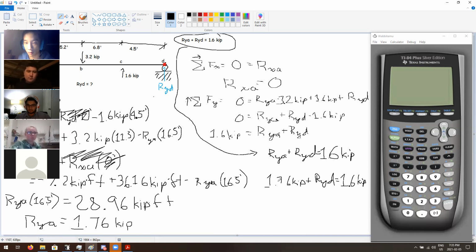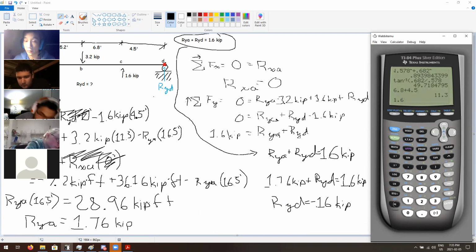Cool. We minus 1.76 kip from both sides, and we're left with RYD is equal to negative 0.16 kip. I'm not joking. 1.6 minus 1.76, you get negative 0.16.